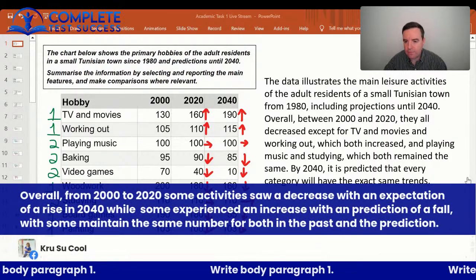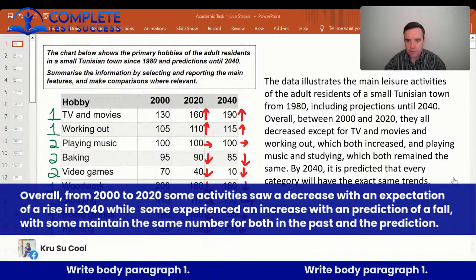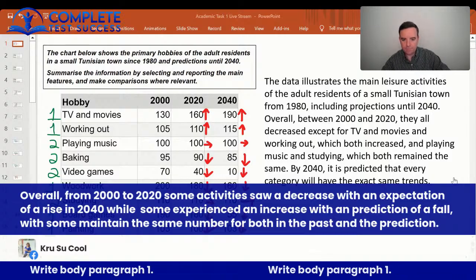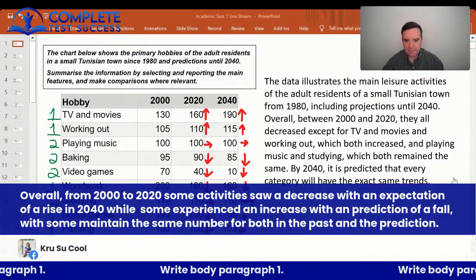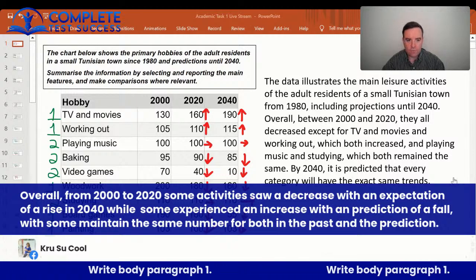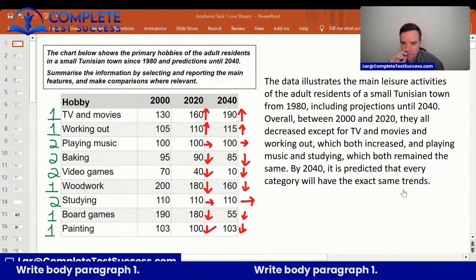Crew says, overall, from 2000 to 2020, some activities saw a decrease with an exception of a rise in 2040. That's unclear. What that means, I don't understand.